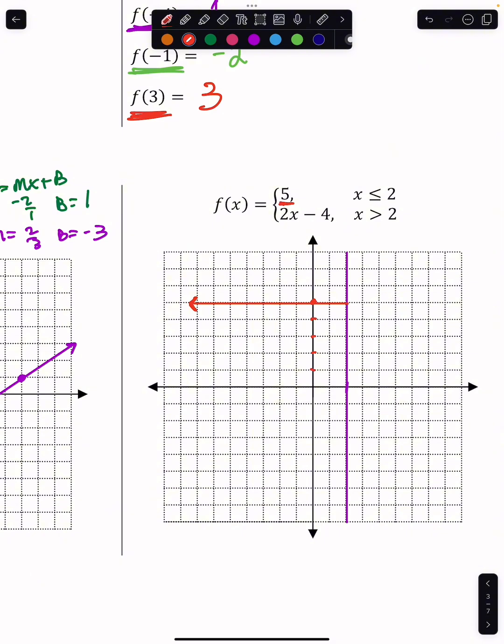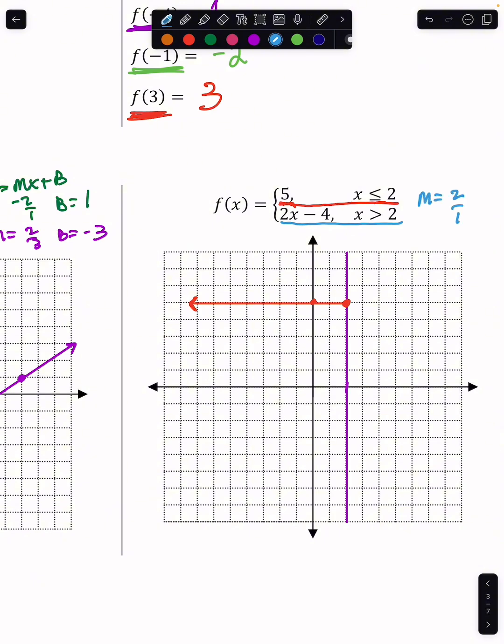Okay? All right, the next one. We're going to do this one down here. This says we're going to graph this line, but we only want the part that's bigger than 2. So let's go ahead and graph the line. My slope is 2/1, and my y-intercept is -4.